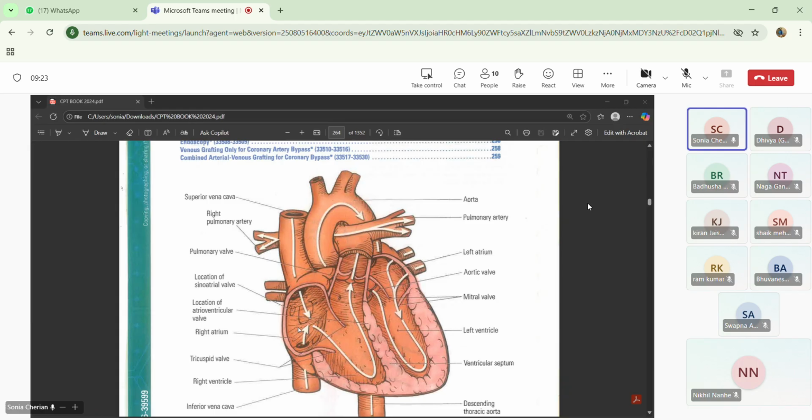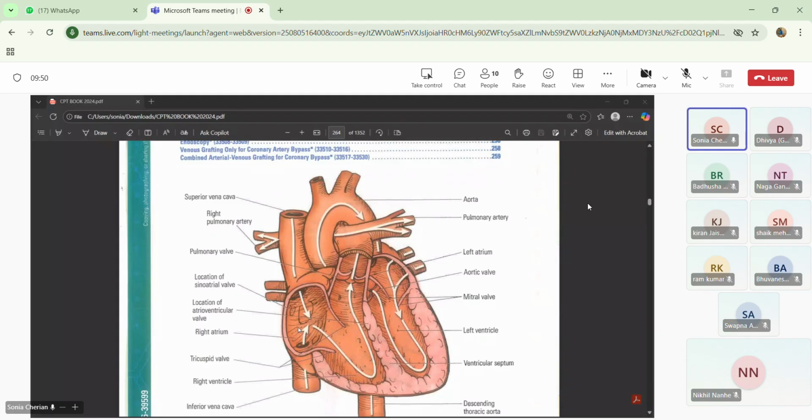So coronary artery disease is nothing but plaques being formed inside the coronary arteries, as I told you, like the circumflex artery, right coronary artery, left coronary artery, or left anterior descending artery. So all these are the coronary arteries in which plaques, or in very layman language cholesterol, get deposited. In medical terms we call it plaque.